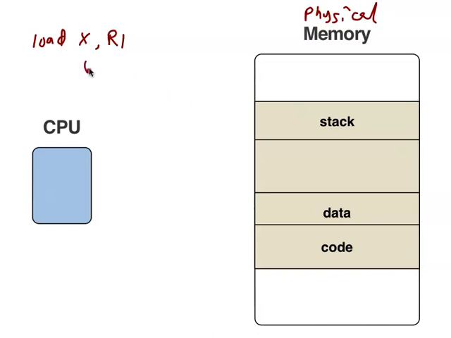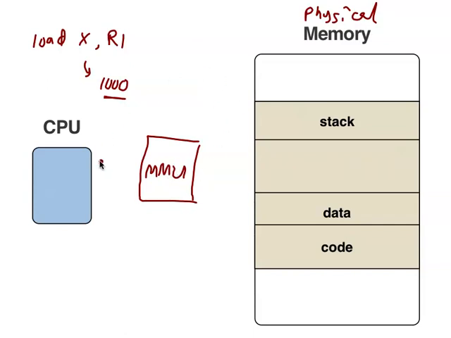Now this X, let's say that it has a certain value. For simplicity, let's say you want to load from address 1000. The operating system will then translate this 1000, which is a logical memory address, remember, to the physical memory address. Now, in common architecture, this is usually done by a hardware called MMU, Memory Mapping Unit.